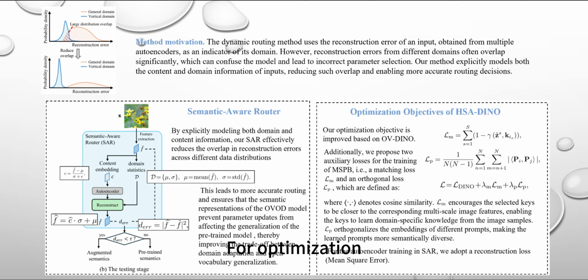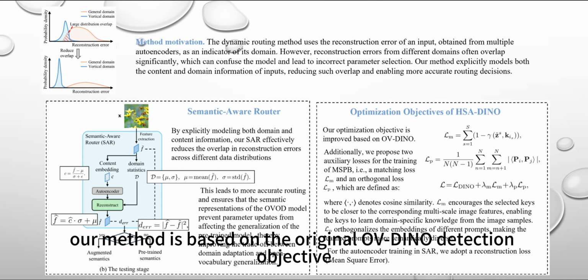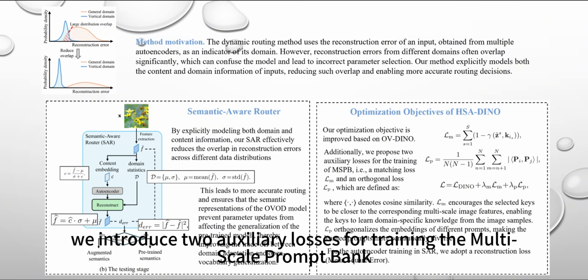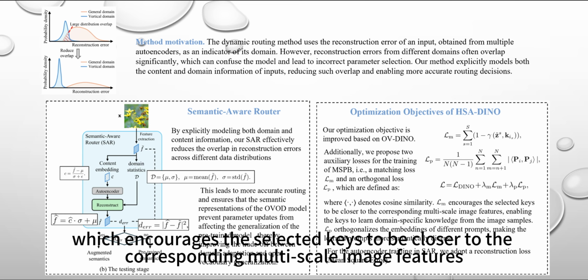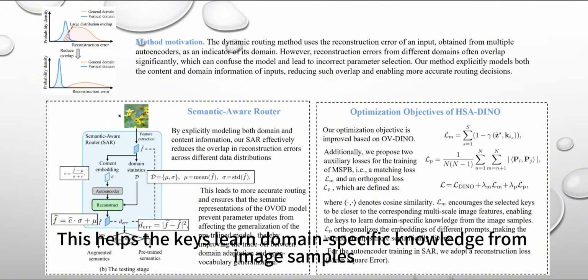For optimization, our method is based on the original OV-DINO detection objective. In addition, we introduce two auxiliary losses for training the multi-scale prompt bank. The first one is the matching loss, which encourages the selected keys to be closer to the corresponding multi-scale image features. This helps the key learn domain-specific knowledge from image samples.